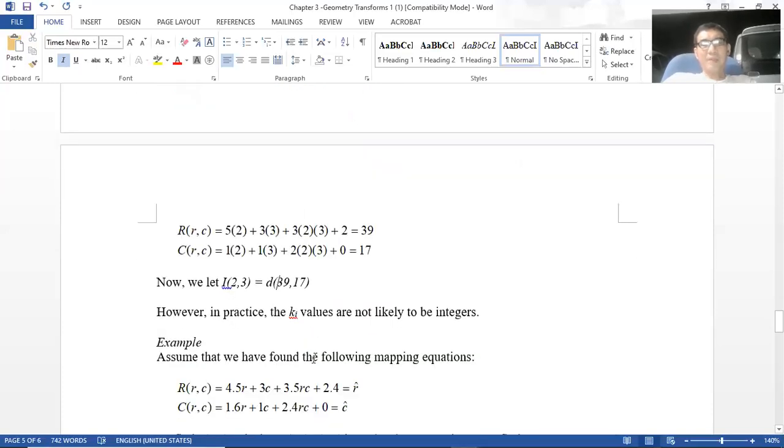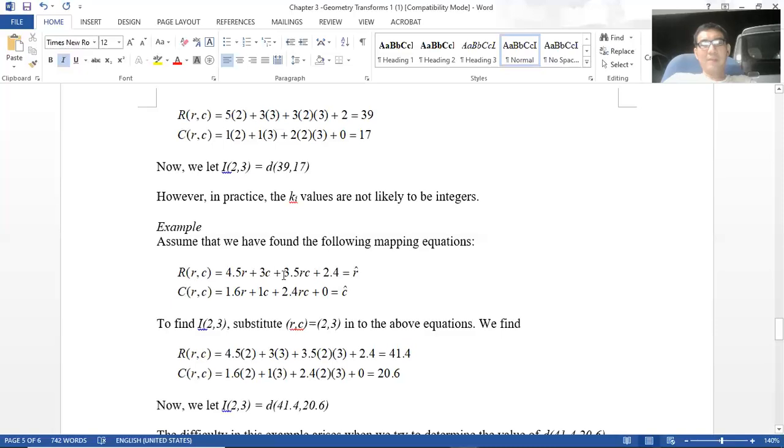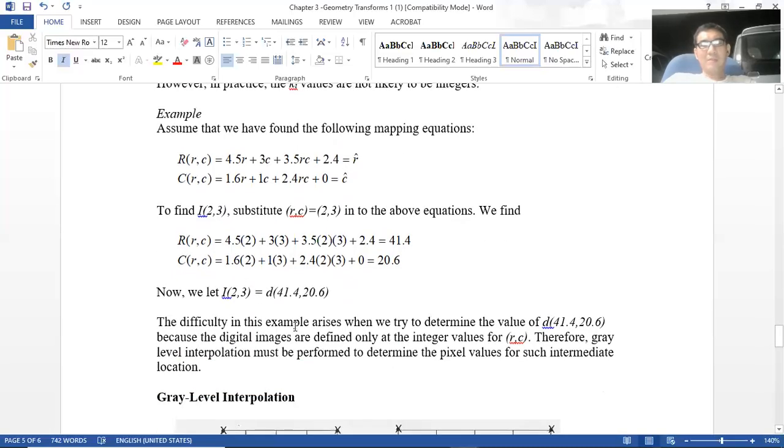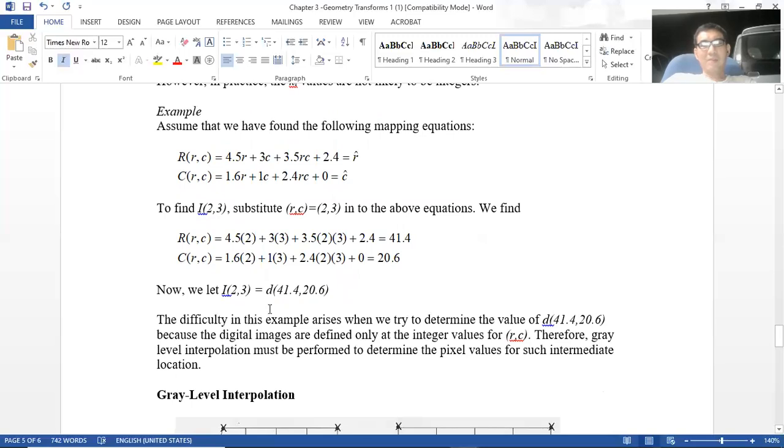All right. Now, assume you have something like this, and then now you put in your 2, 3, so you get 41.4, 20.6. So now this is where the challenge comes, because we know that the gray level is defined for all integer locations, but not these real number locations where you have 0.4, 0.6.